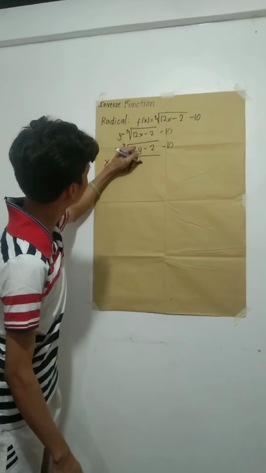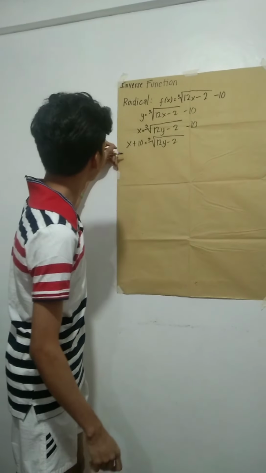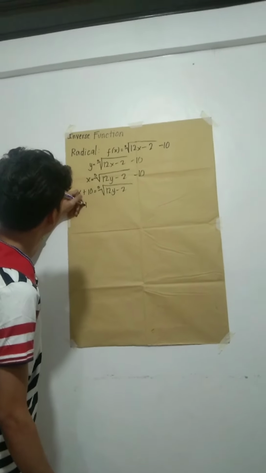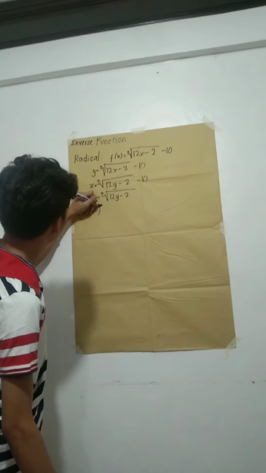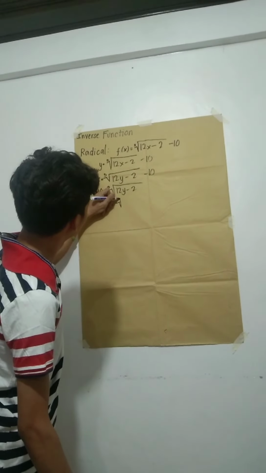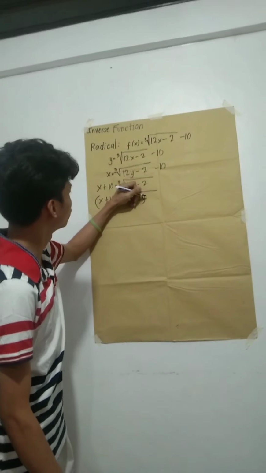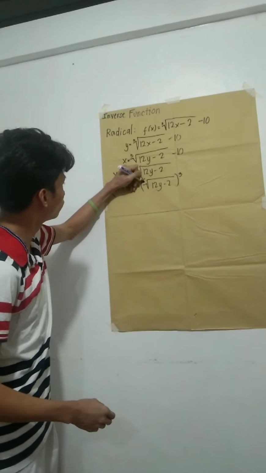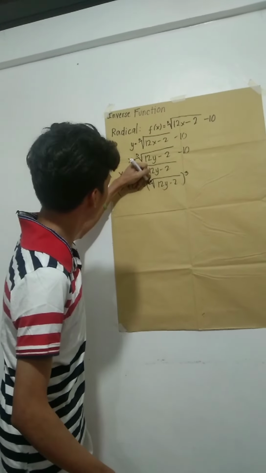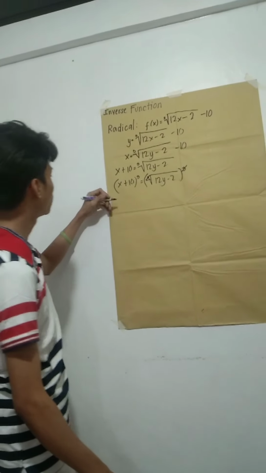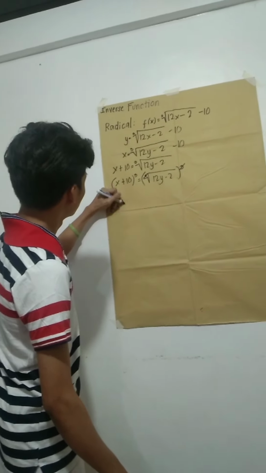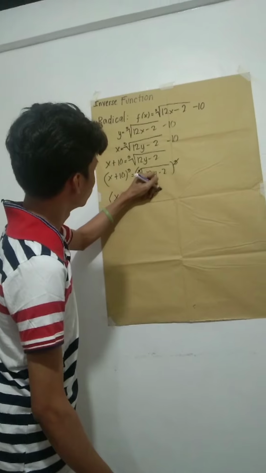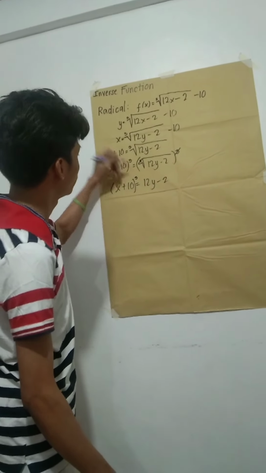Next step, we're going to remove the cube root, which we do by cubing both sides, which is (x plus 10) cubed equals the cube root of 12y minus 2, cubed. So we're going to cancel the cube, so that would be x plus 10 cubed equals 12y minus 2.